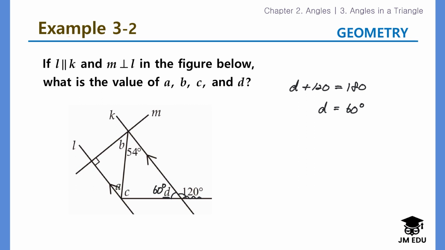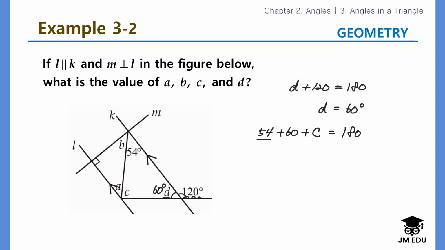So far so good. Here, look at this triangle. This triangle right here. We have three angles, 54, 60, and C, right? The sum of these three angles must be equal to 180, right? So 54 plus 60 plus C must be equal to 180.